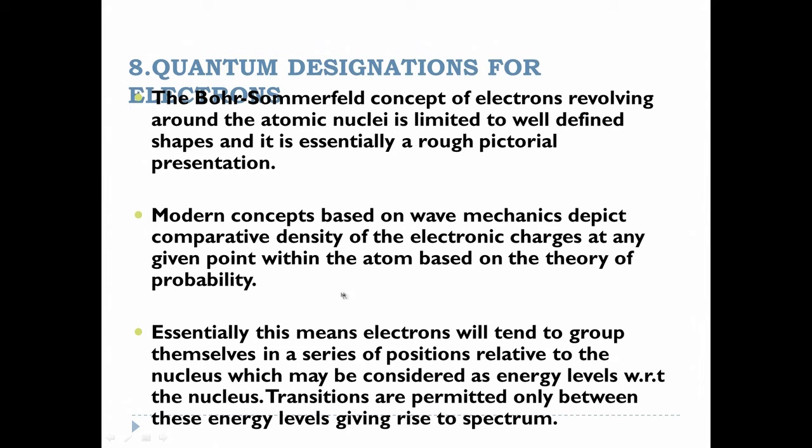Essentially what this means is that electrons will tend to group themselves in a series of positions relative to the nucleus, which may be considered as energy levels. We have been talking about energy levels for quite a long time, and with respect to the nucleus, transitions are permitted only between the energy levels, which give rise to a spectrum.